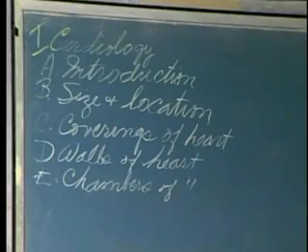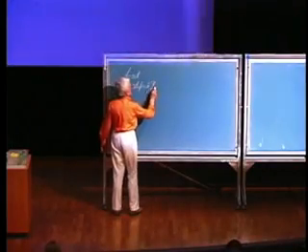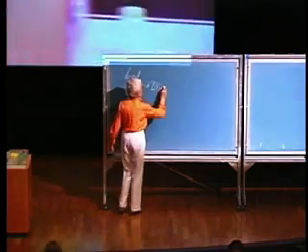The heart embryologically started off as a blood vessel. So in the embryo, the heart was a modified blood vessel. That's in the embryo.